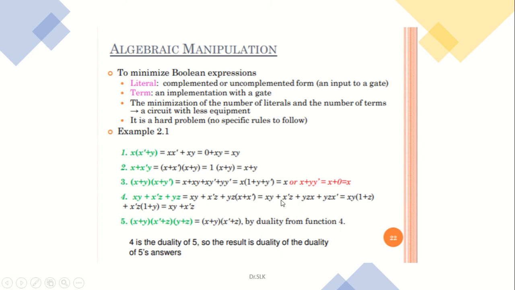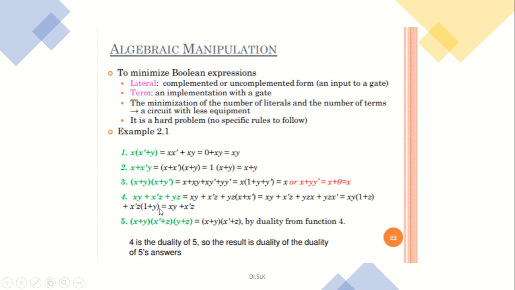Between the first and third term you can take xy in common, and the remaining will be 1 plus z. Between the second and fourth term you can take x dash z as common, and the remaining will be 1 plus y.